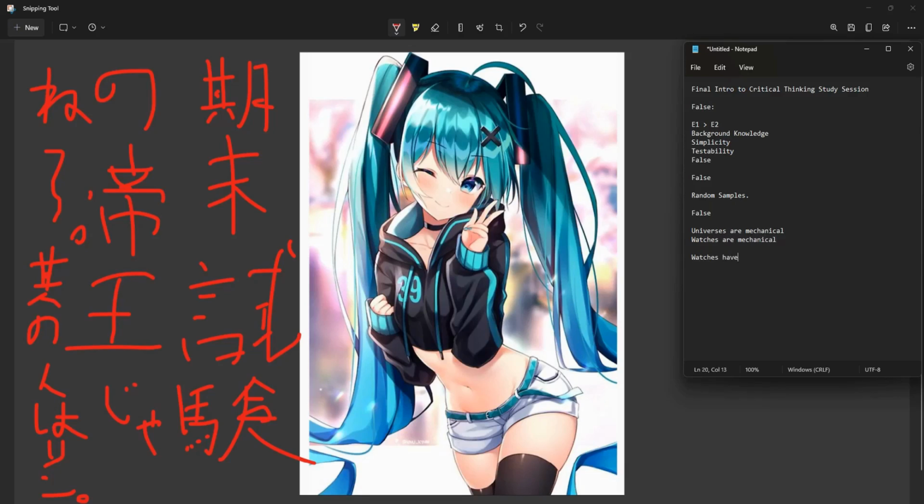Watches have a creator, therefore universes have a creator. However, no one here would honestly try to tell me that a watch and a universe are the same thing. No, the universe is much bigger than a watch. Therefore, the answer is false. In other words, this is once more a case of 5 falses in a row.